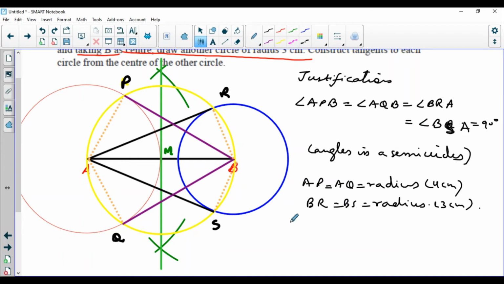Okay, so BP and BQ must be tangent because it is perpendicular and these are the radius.